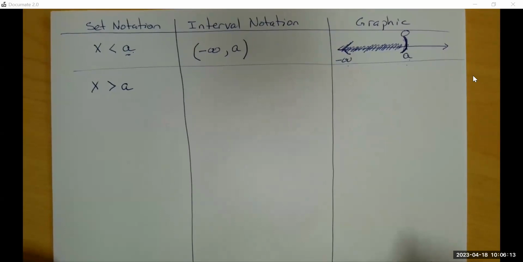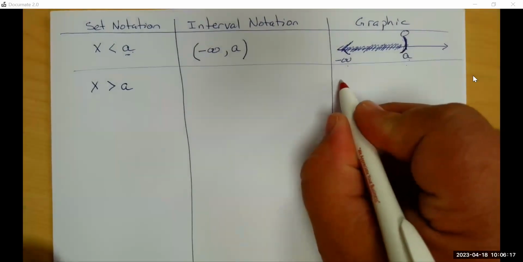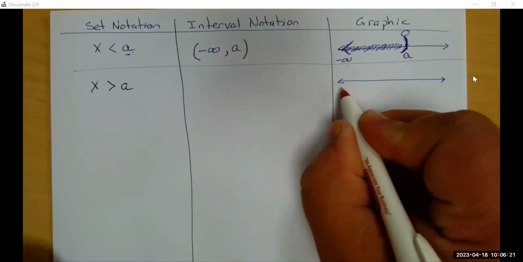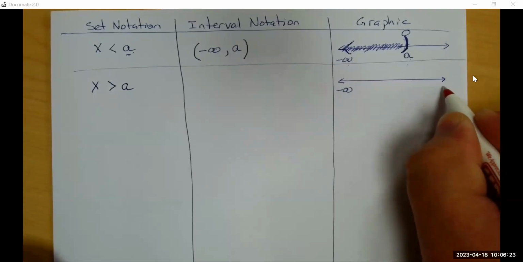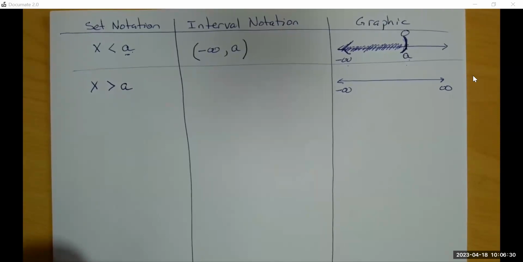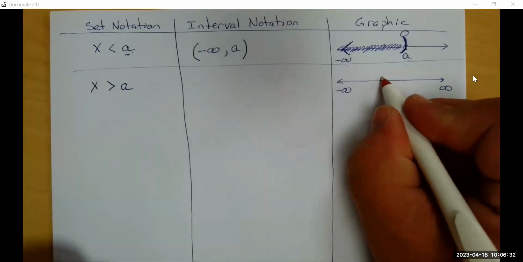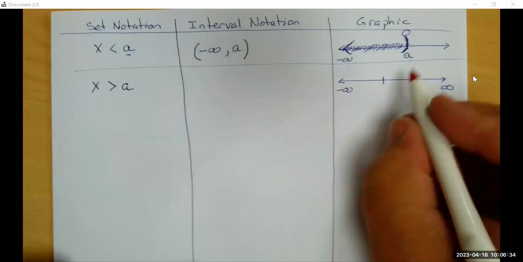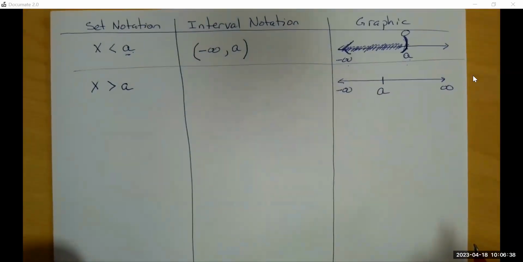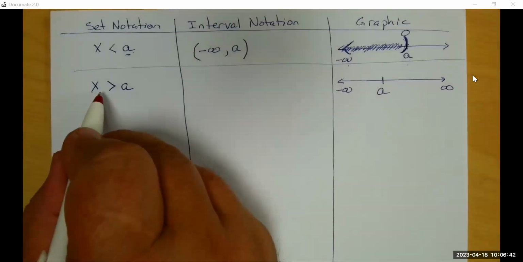Let's look at this one. X is greater than A. So we have negative infinity there, positive infinity there. Since we only have A to worry about, we label A. Which direction is X going now?